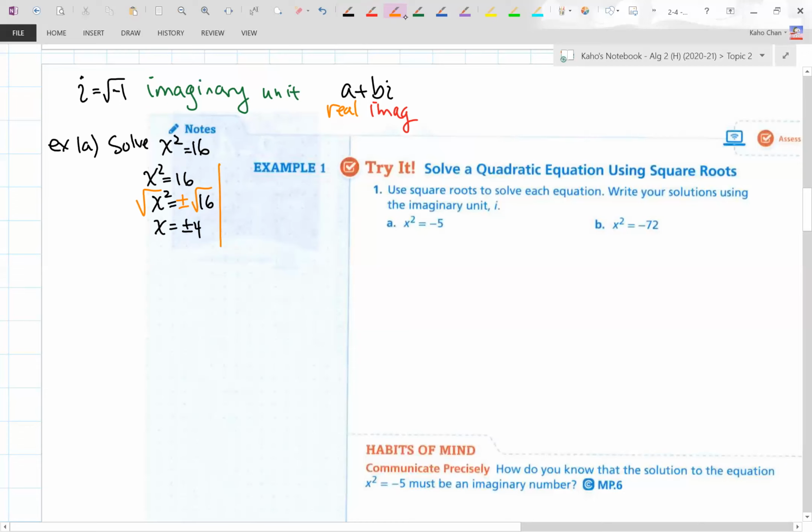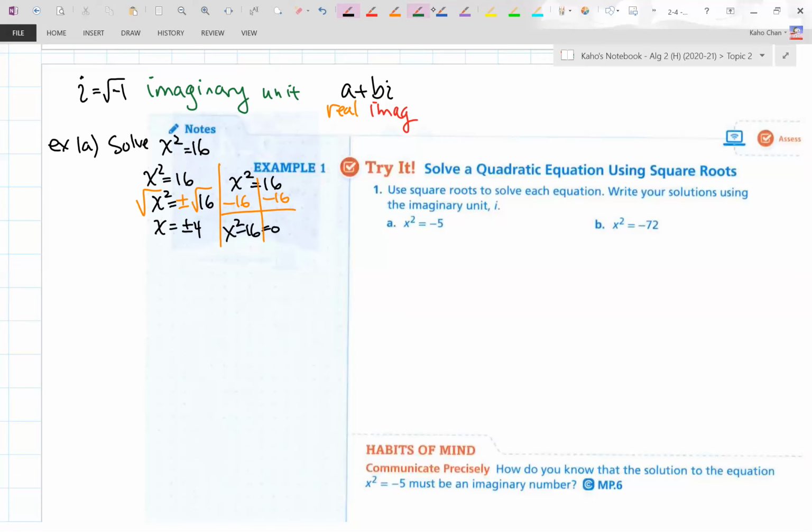The other way, of course, is to treat x squared equals 16, after you move the 16 to the other side, as a difference of perfect squares. So x squared minus 16 equals 0. Aha! Difference of perfect squares.